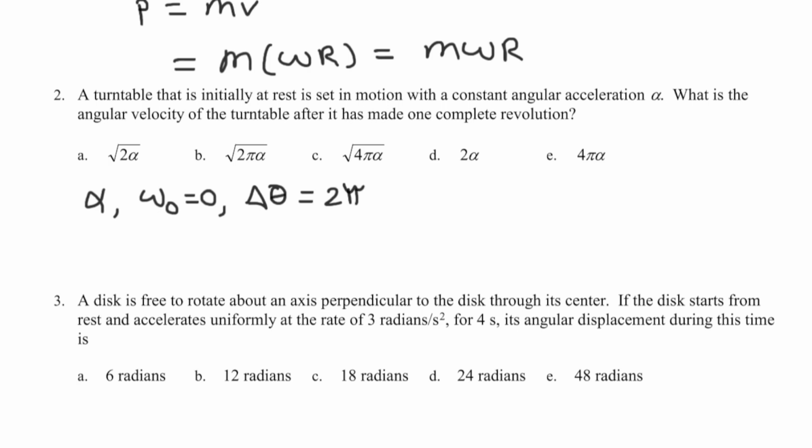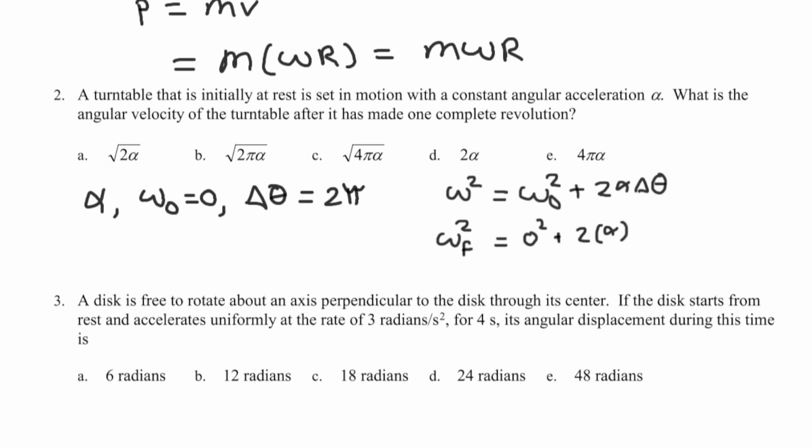So we can just apply the kinematics equation that omega squared at the end is equal to the initial omega squared plus 2 times alpha times delta theta. So omega squared is just going to be equal to 0 squared plus 2 times alpha times 2 pi.